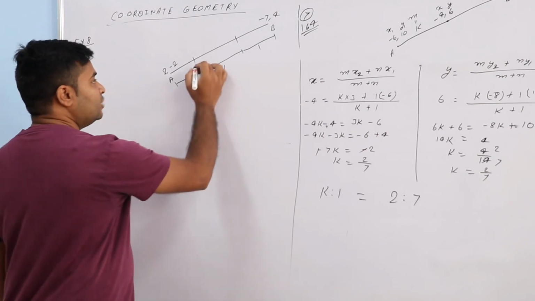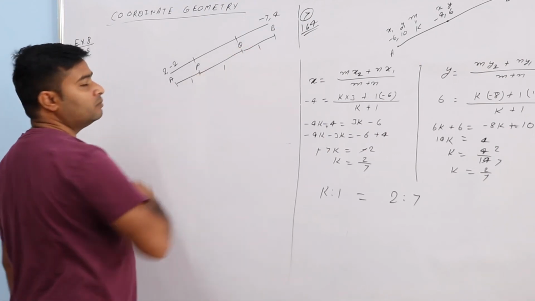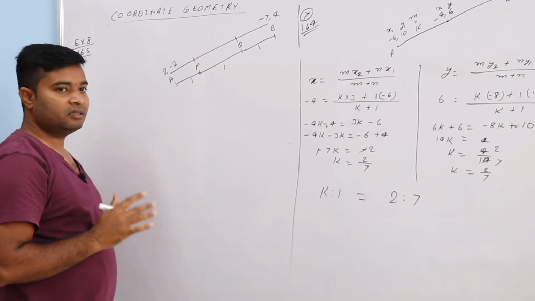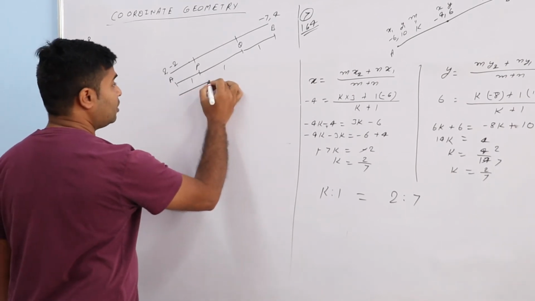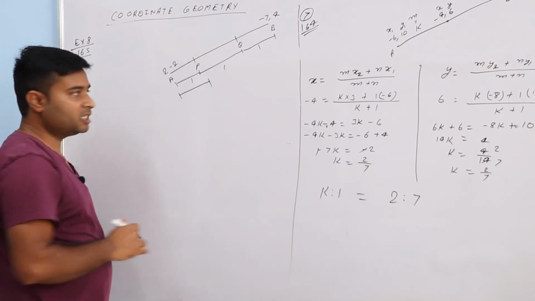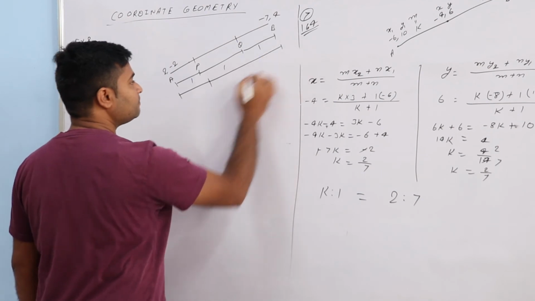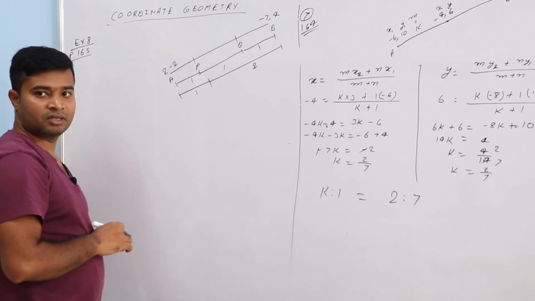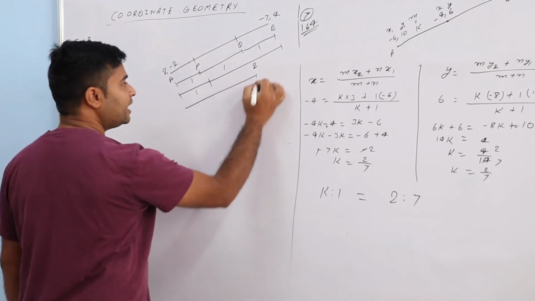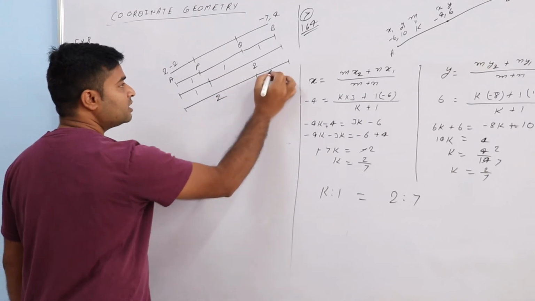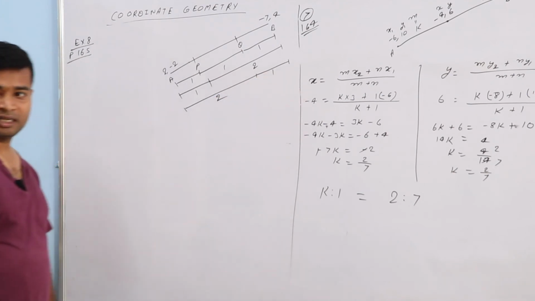Assume this is P, this is Q. For finding this kind of point, you should use the section formula. Take 1 part here, and from here to here take as 2. So this is 2, this is 1. Yes or no? Yes, sir.